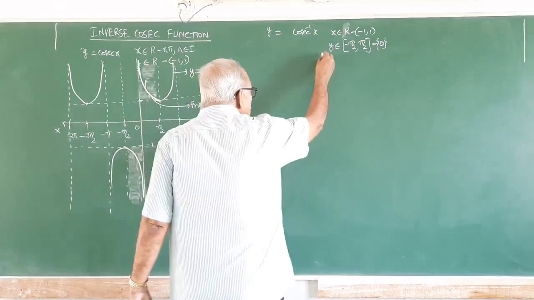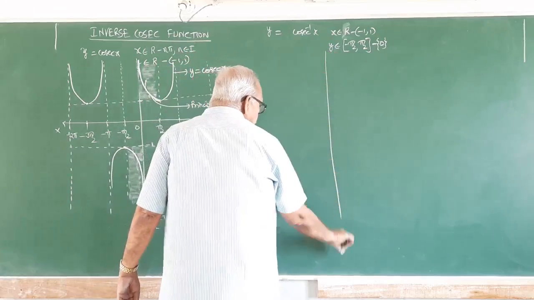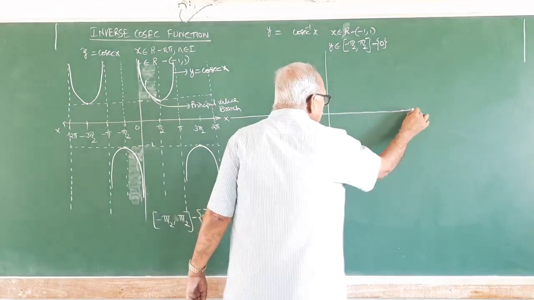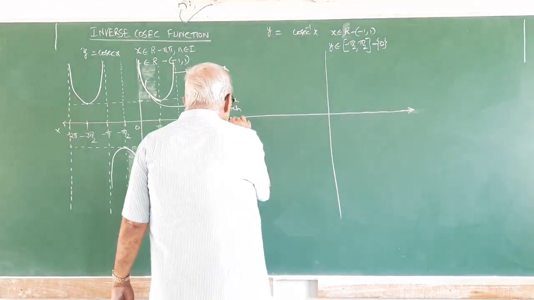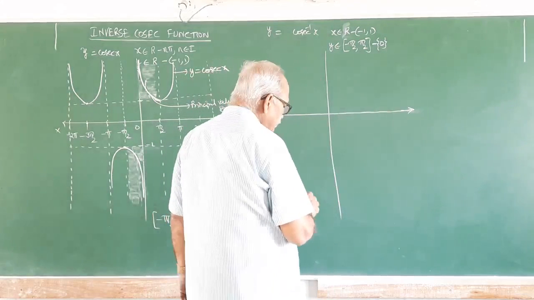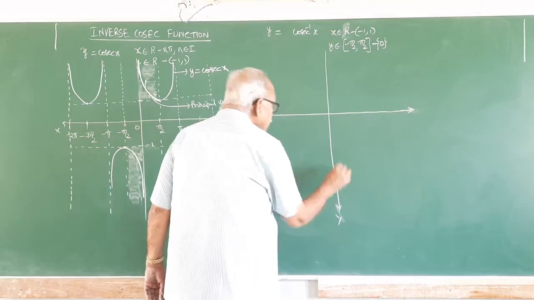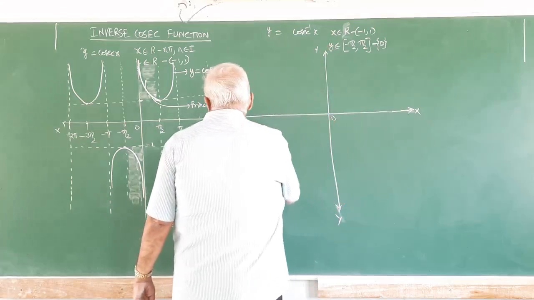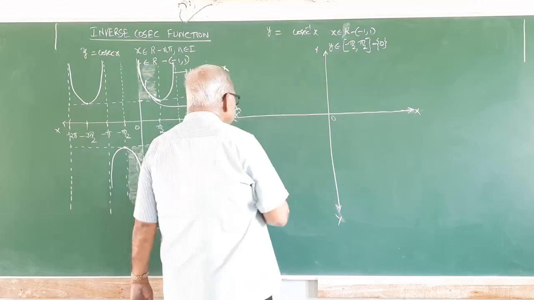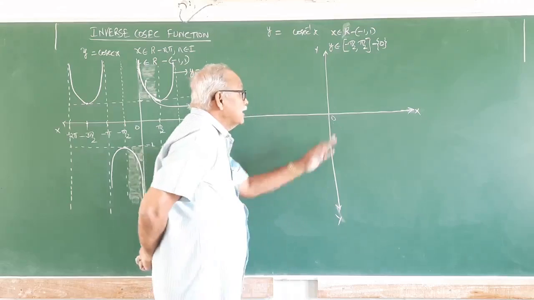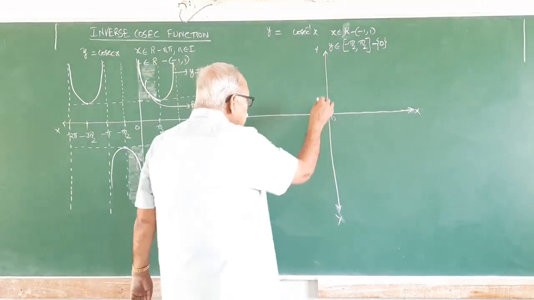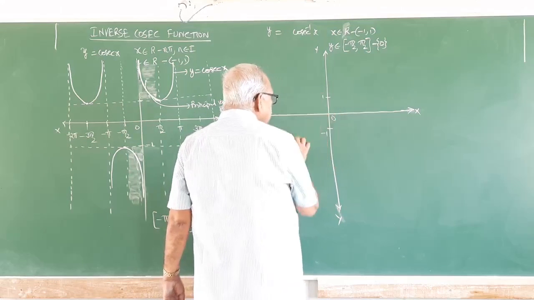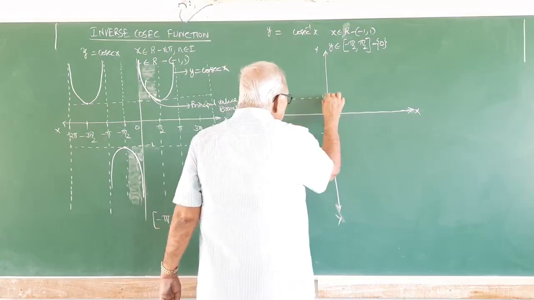Now we have to draw the cosecant inverse of x function. So, what is the x value? R minus (-1, 1). So, mark 1 and minus 1 and do a dotted line.